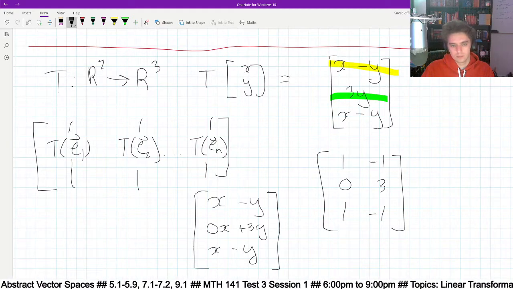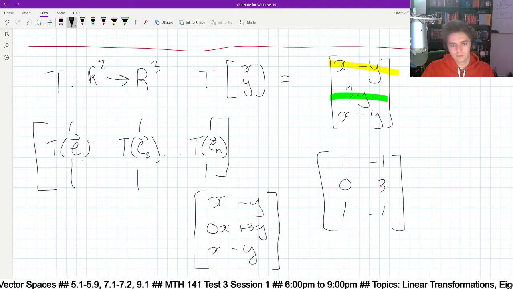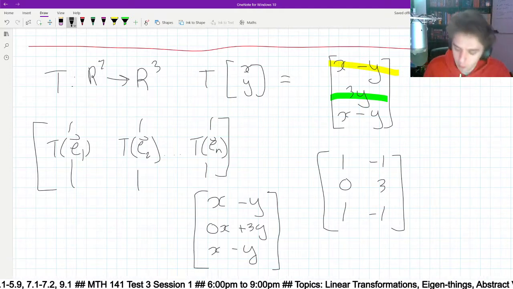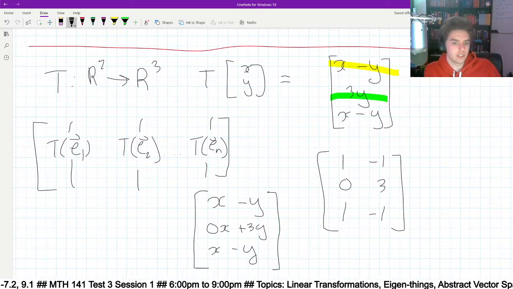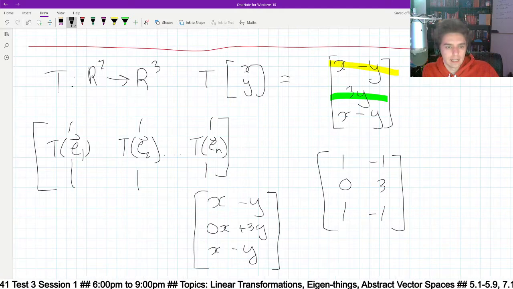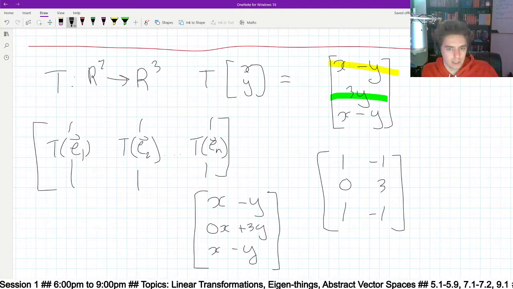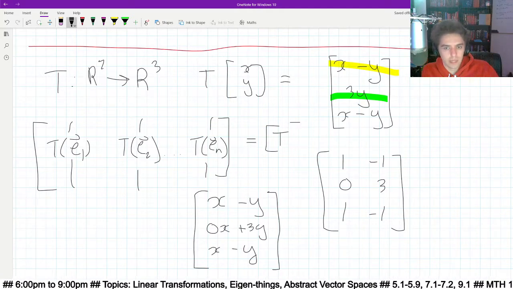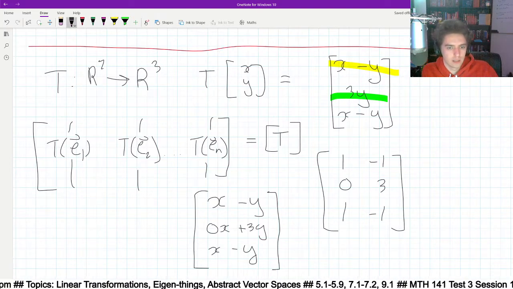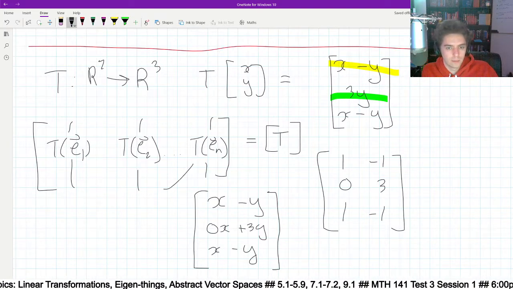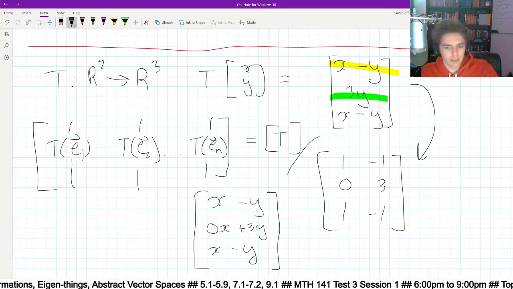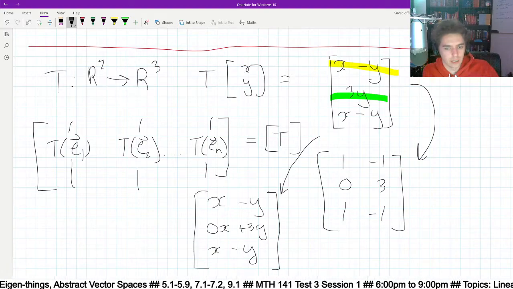So wait, what were you trying to prove with the T of E1 and E2? That's how we did it in 5.1. So in 5.1, it says to find the matrix representation of T, you apply this transformation to each of the basis vectors. Right, which would get you the same answer as doing this whole thing that I did originally.